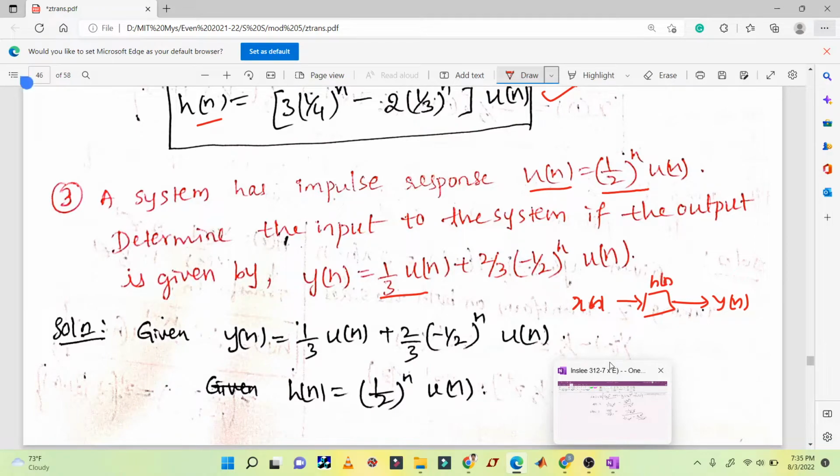The system impulse response is h of n, and y of n is given. Now we have to find x of n, that is the input. H of n is given, y of n is given. We need to find x of n. Again the same equation we need to use.